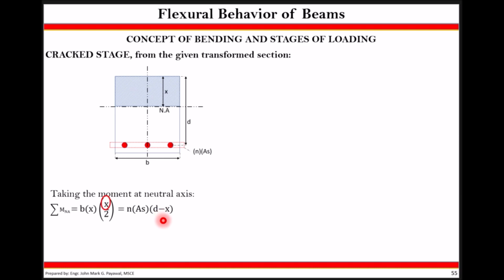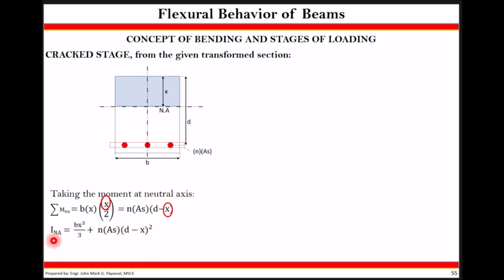We can now compute for x. Para saan yung x? We are computing that because we want to compute for my inertia at neutral axis. So this one is the simplified form. The simplified form from Ig plus Ad squared of the concrete plus Ig plus Ad squared of your steel would be bx cubed over 3 plus n multiplied by As multiplied by (d minus x) squared.